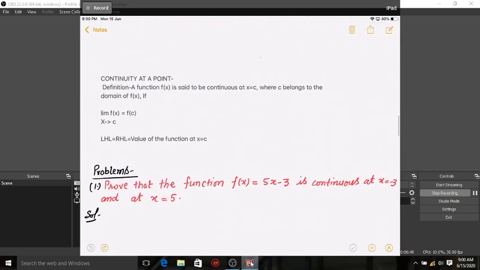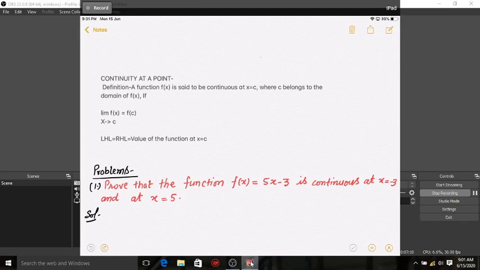So if we want to define continuity at a point, a function f(x) is said to be continuous at x equal to c, where c belongs to the domain of f(x), if limit x tends to c, f(x) is equal to f(c).